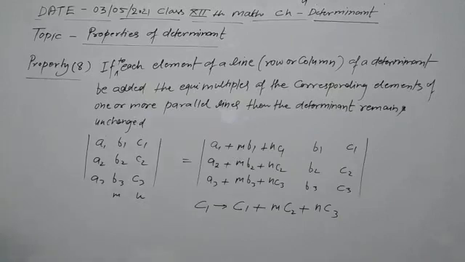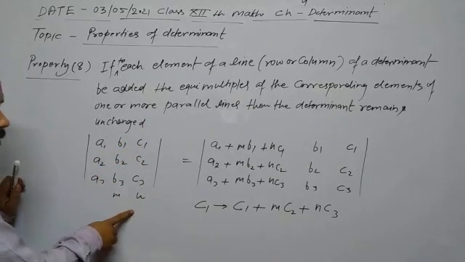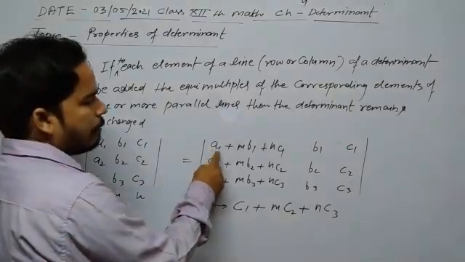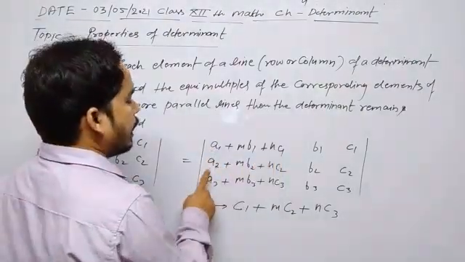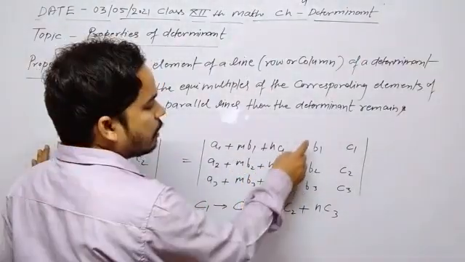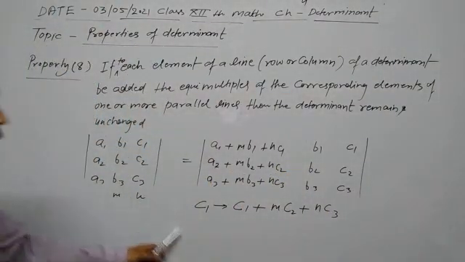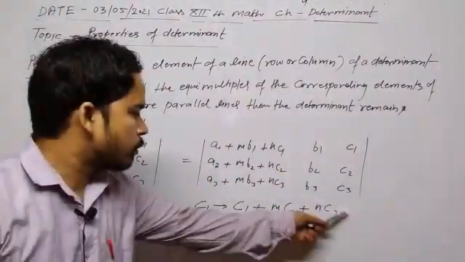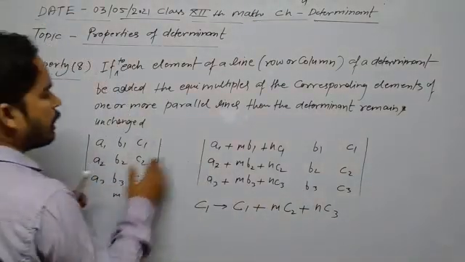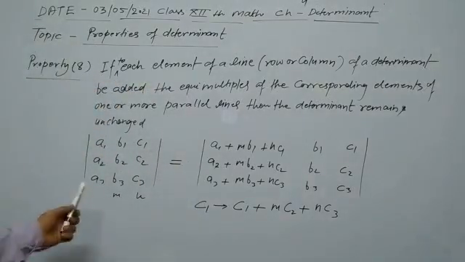The result will be A1 plus M B1 plus N C1, A2 plus M B2 plus N C2, A3 plus M B3 plus N C3, B1 B2 B3, C1 C2 C3. So we have applied this formula and we get the result. Both results are the same. This property says both results are the same. This value will not be changed.